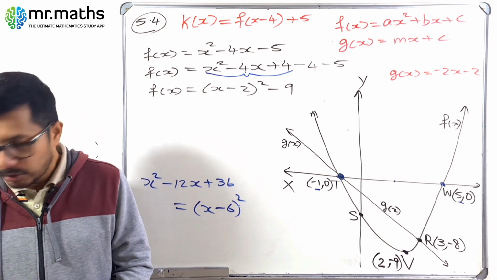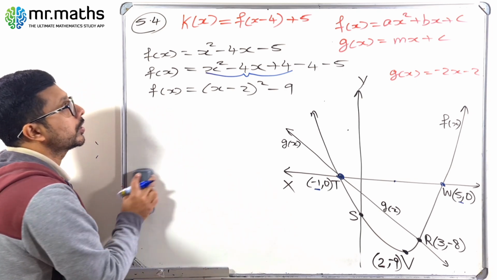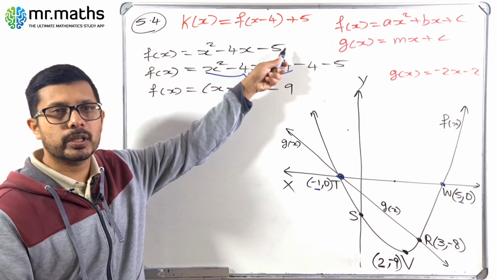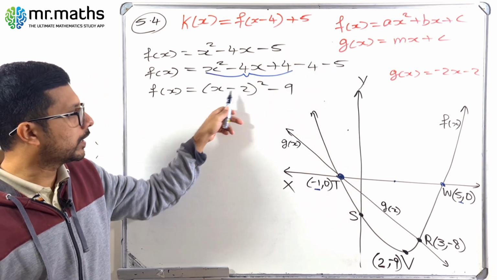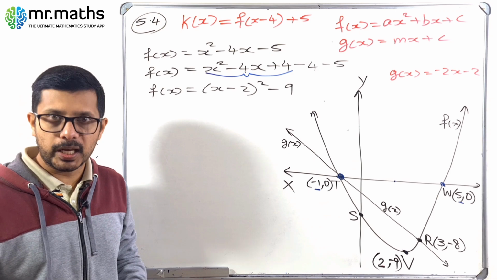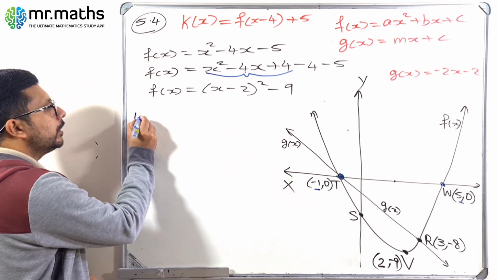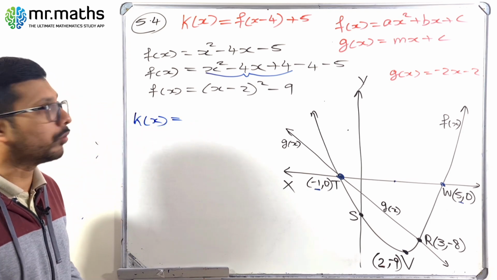Now we have rewritten the given equation. Our equation was f of x is equal to x square minus 4x minus 5, and we converted that into x minus 2 the whole square minus 9. Now I am going to write the equation of k of x. What is that k of x?